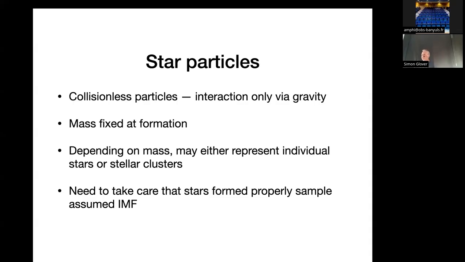You can do tricks like forming some star particles which represent more massive stars at the cost of then later not forming star particles for a while, so that overall, in the end, you still get the right IMF. There are a lot of fairly nasty details in how you do this. This is one of the areas that's quite easy to get wrong.